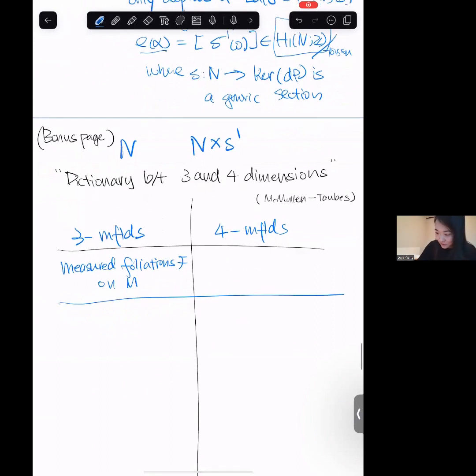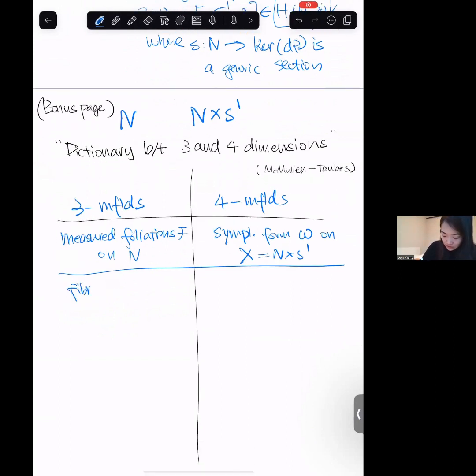So on the 4-manifold, you have symplectic forms, and on the 3-manifold N cross S1, you have fibrations, which on the 4-manifold correspond to integral symplectic forms.